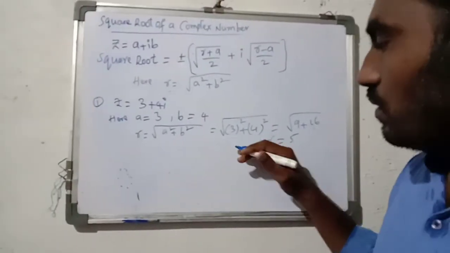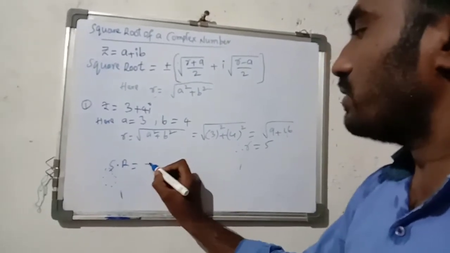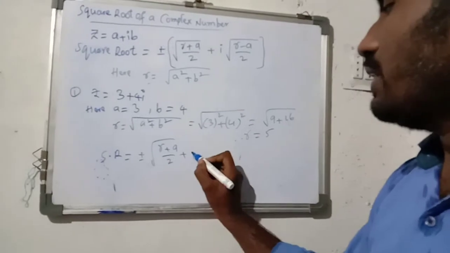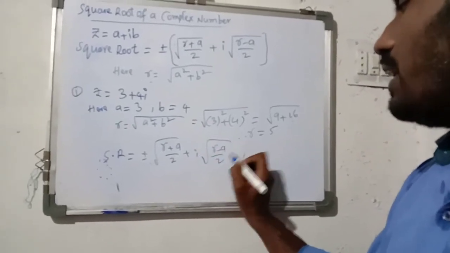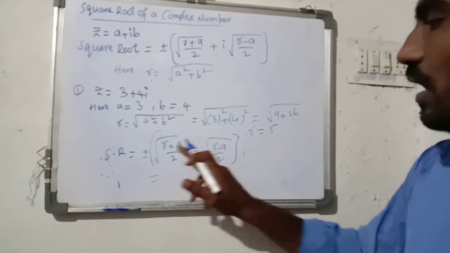Now the formula for the square root is plus or minus under root of (r plus a) by 2, plus i into under root of (r minus a) by 2. Simply we have to substitute these values of a and r here.